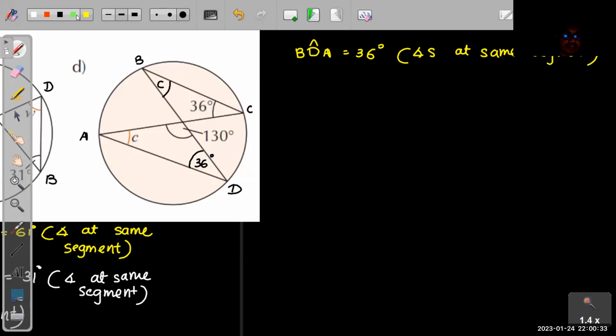Then I can write C plus 130 plus 36 equals 180, angles in a triangle. Then you can write C plus.